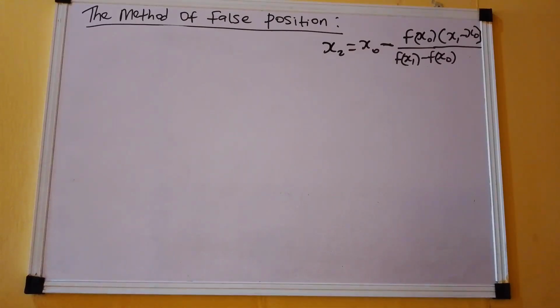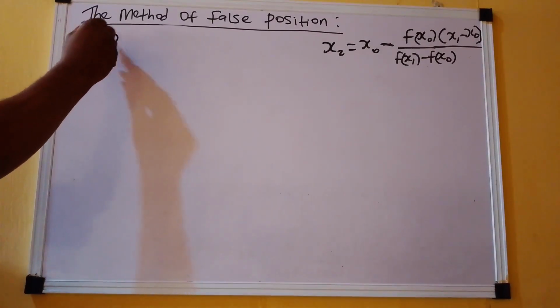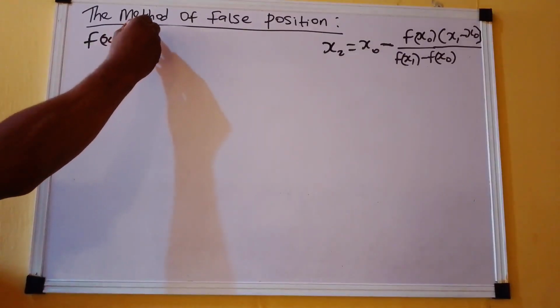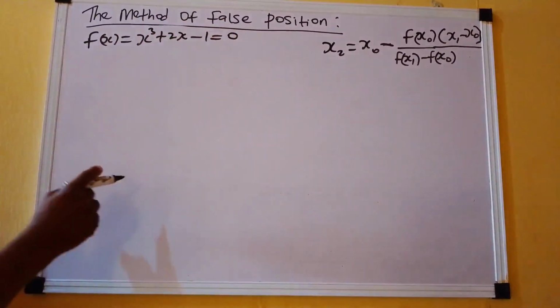Now we are going to pick that same example we solved using the bisection method and the Newton-Raphson method. That example is f of x equal to x raised to the power 3 plus 2x minus 1 equal to 0.